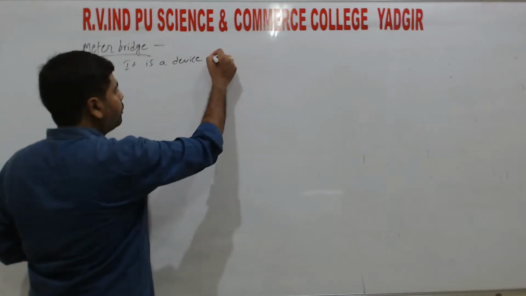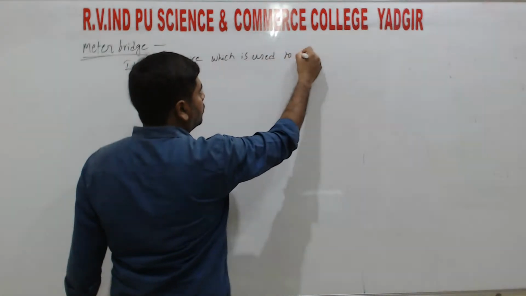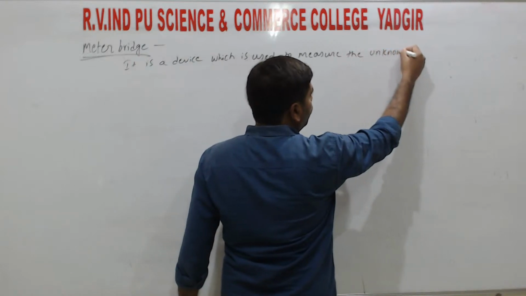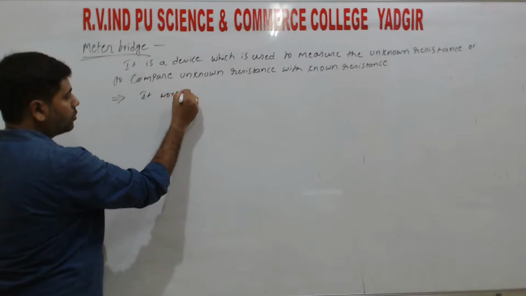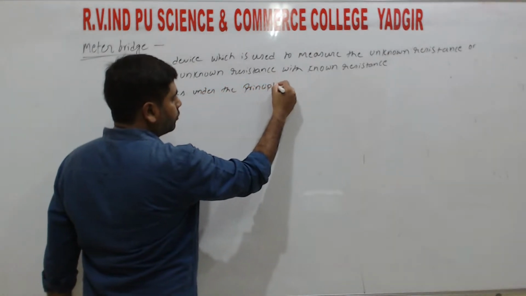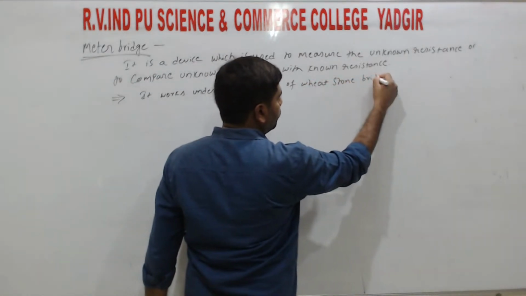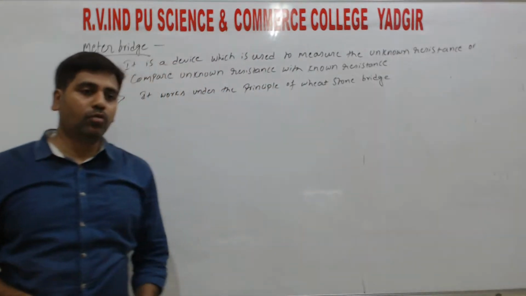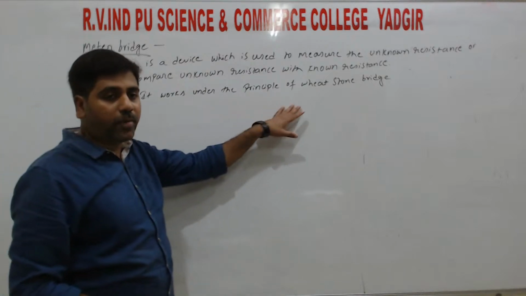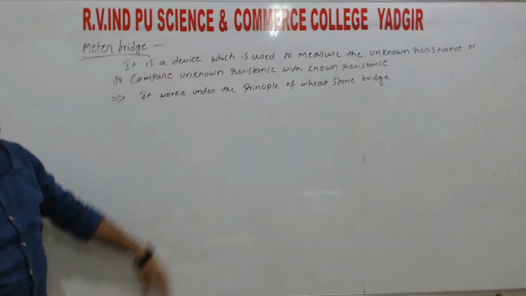It is a device which is used to measure the unknown resistance under the principle of the Wheatstone bridge. That means the balancing condition, R1 by R2 is equal to R3 by R4. So using our balanced condition, we are going to measure the unknown resistance.